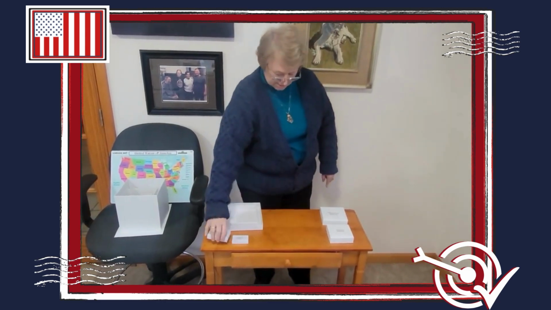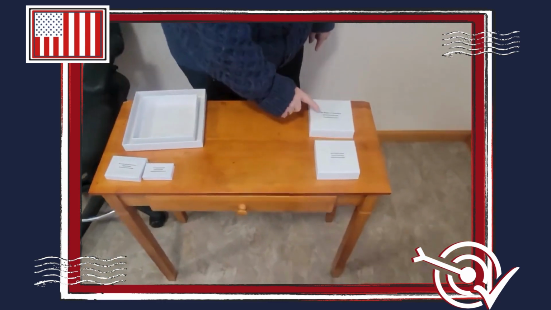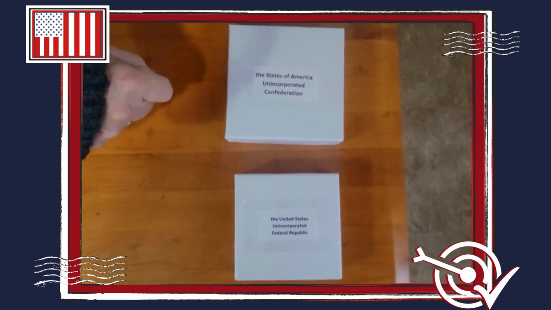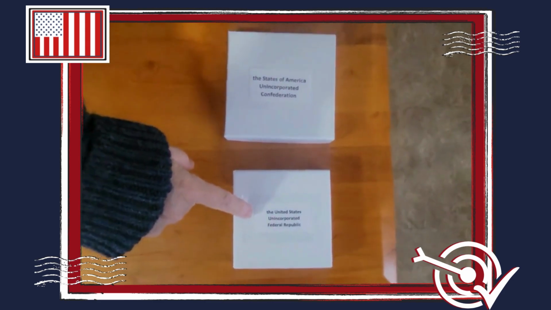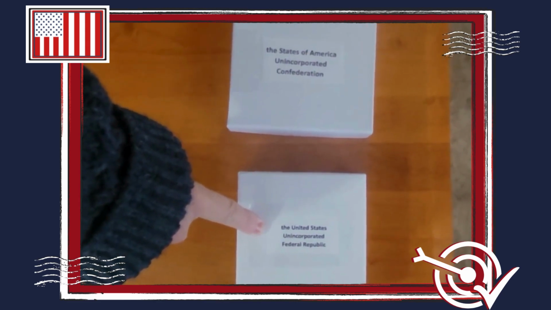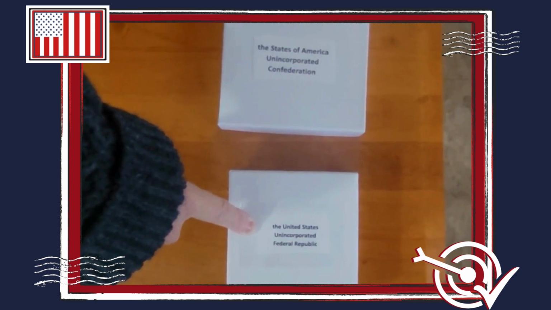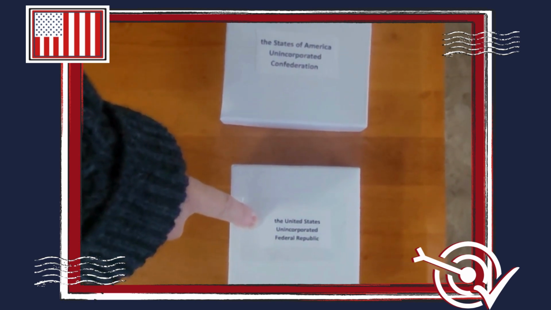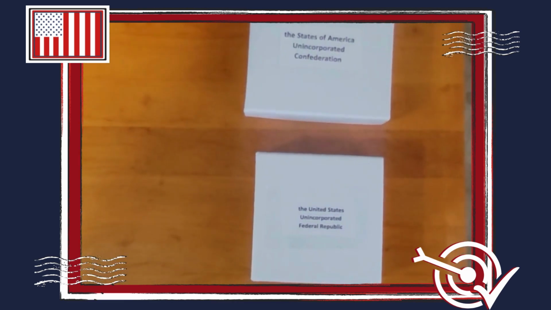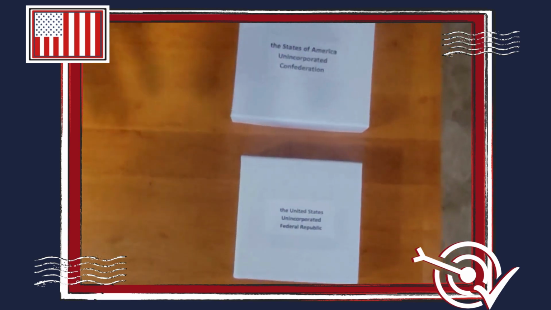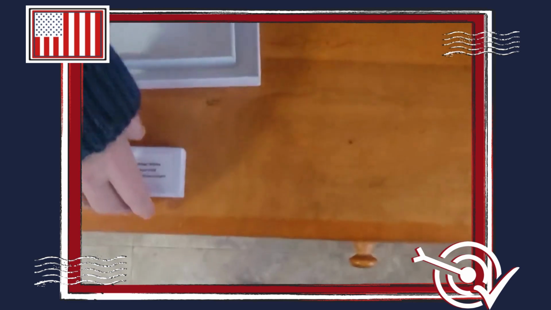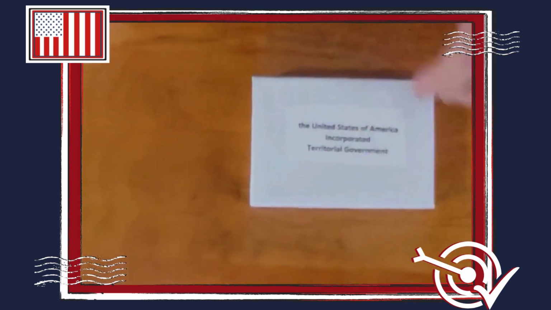Okay, I want you to look at these two. The Confederation, operating as the States of America, and the Federal Republic, operating under the Constitution for the United States of America. Okay? And realize that the end result of the Civil War is going to be predicated by the start of the Civil War.